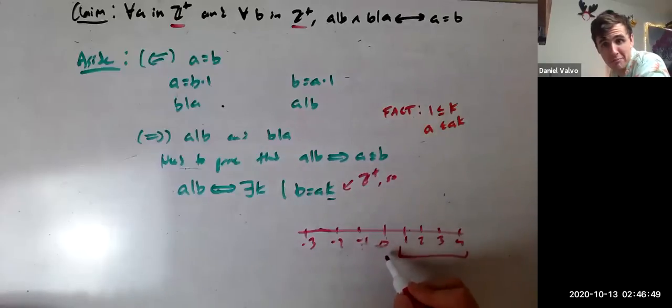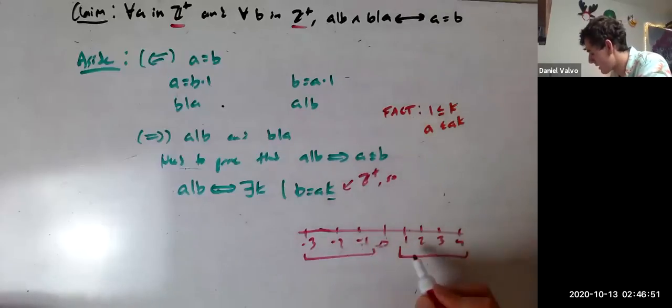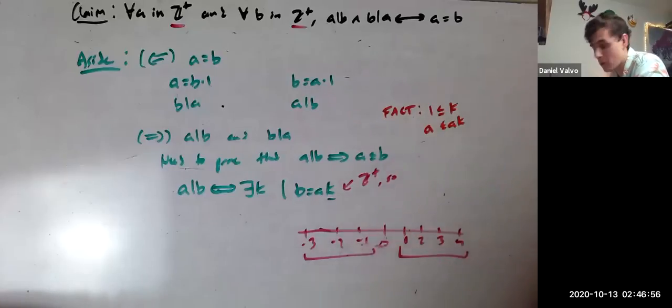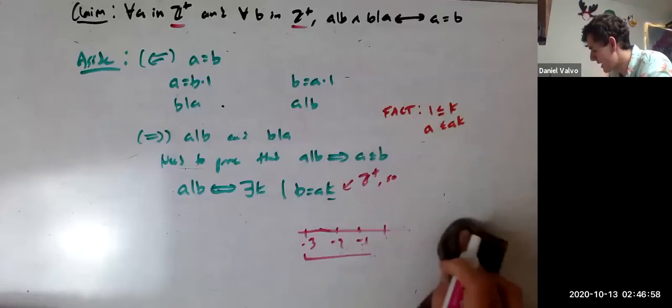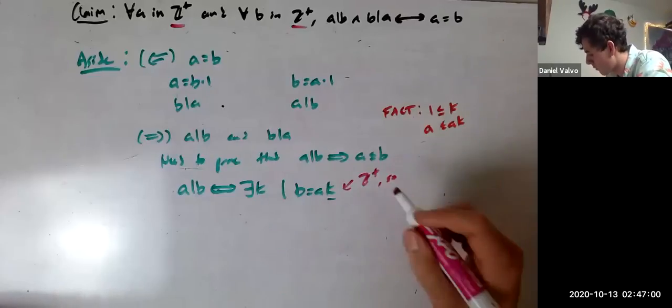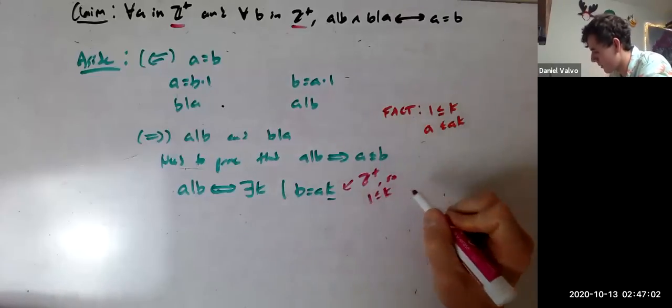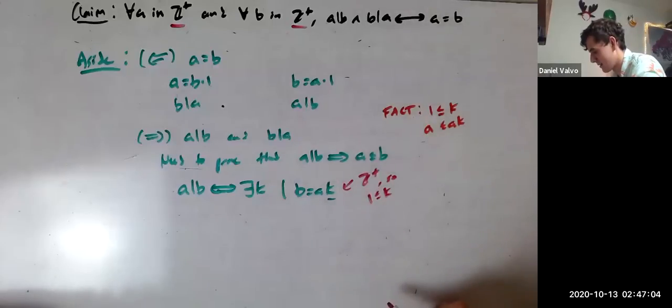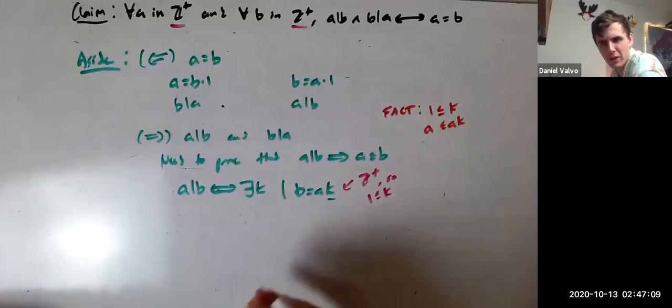It's just 0. And these are the negatives. The point is, the positive integers start with 1. So 1 is the smallest positive integer. Meaning, if K is a positive integer, 1 is less than or equal to K. That makes sense, right? It's just the smallest positive integer it could be.